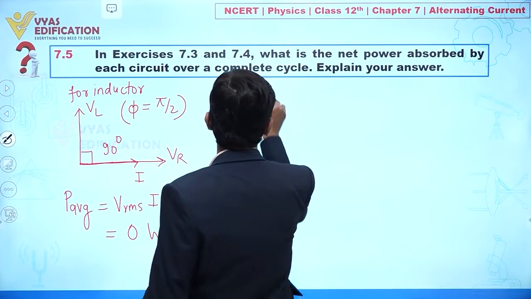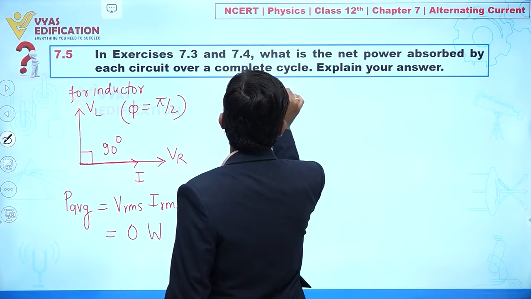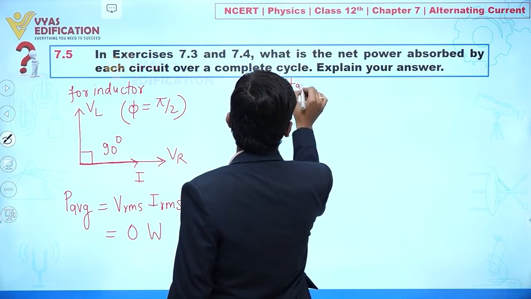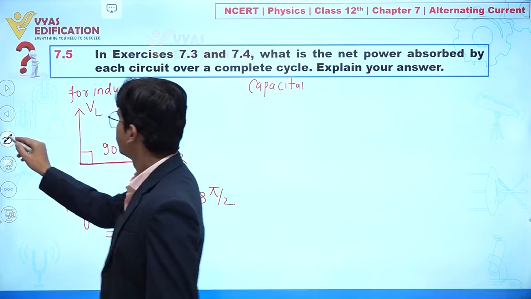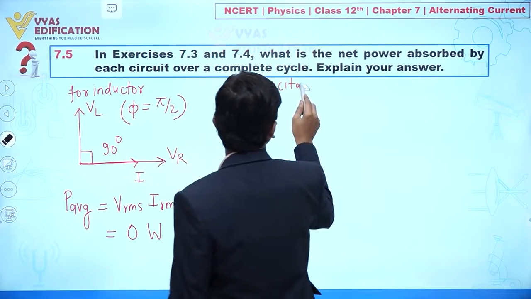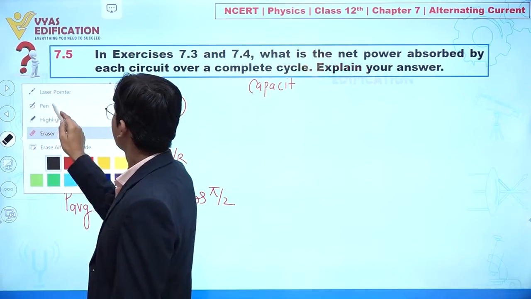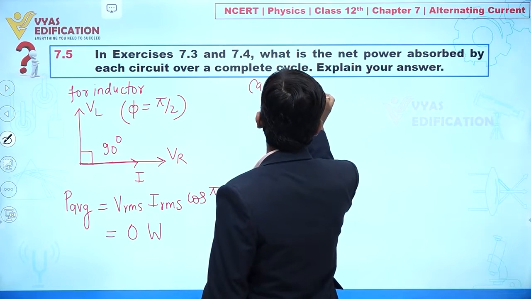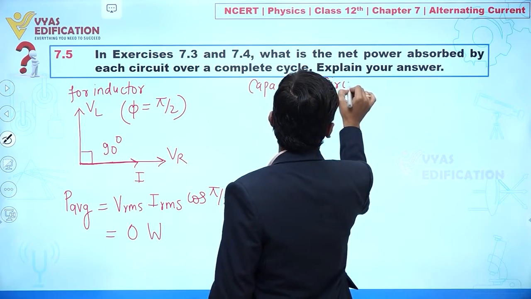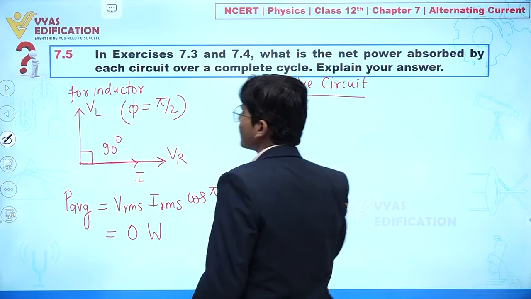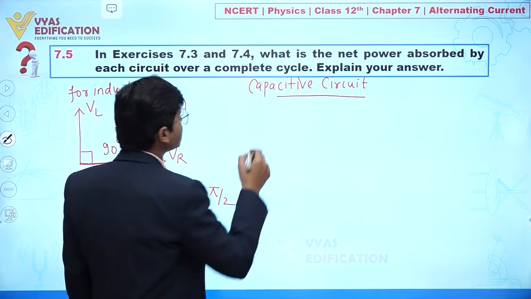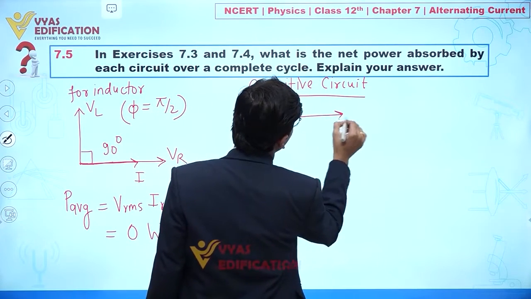Now if I am talking about a capacitive circuit, what happens? Let's suppose in this direction we have current.